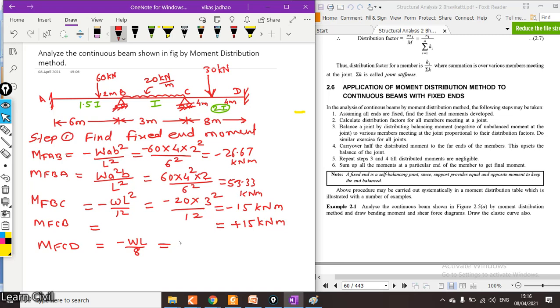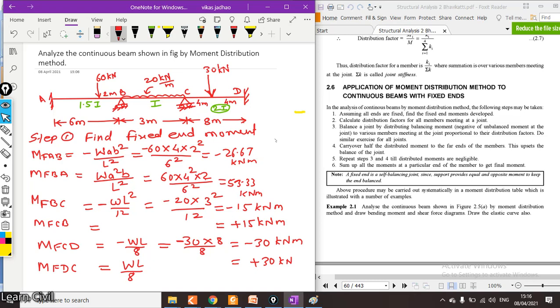So W is 30, so minus 30, L is 8 meter, divided by 8, so this will be equal to minus 30 kilonewton meter, and MFDC will again be equal to plus 30 kilonewton meter, because the formula is W L divided by 8. So these are the different fixed end moments for different spans.